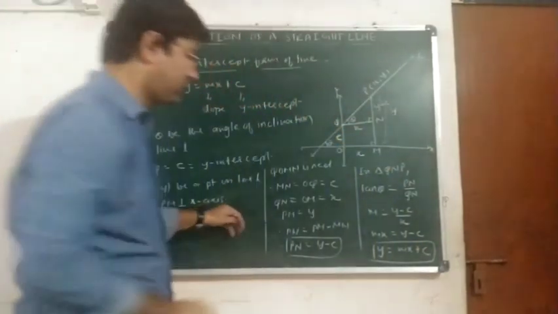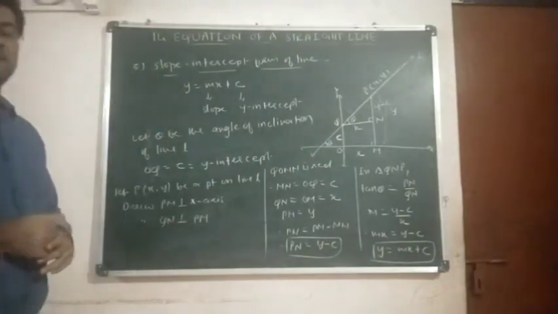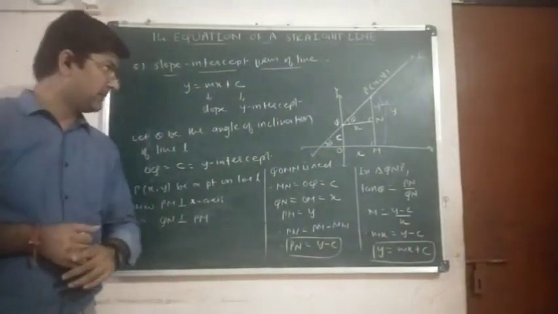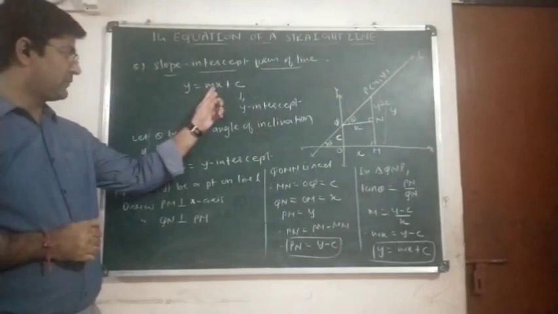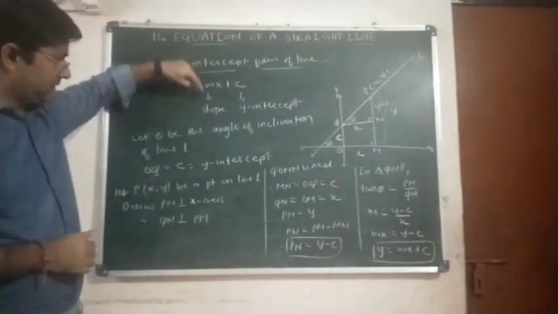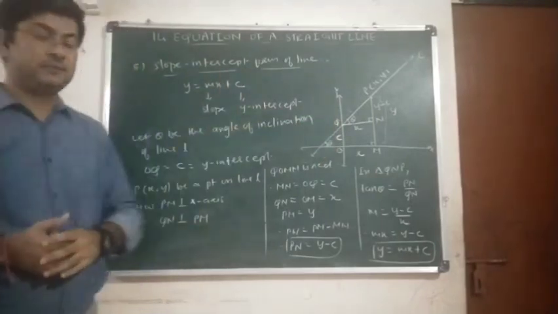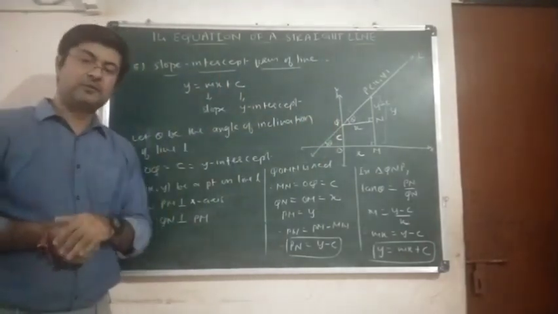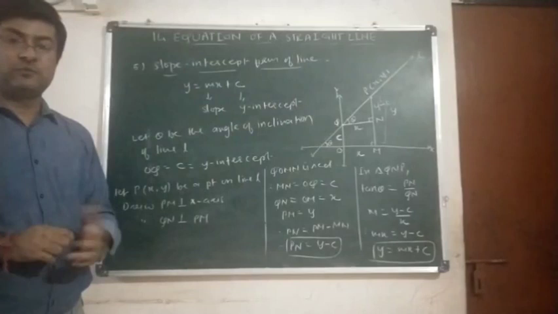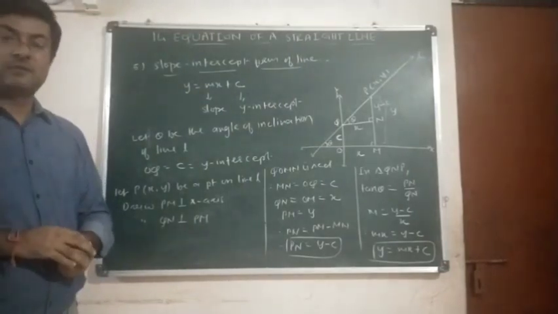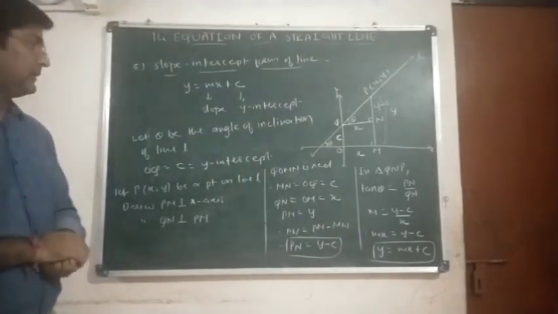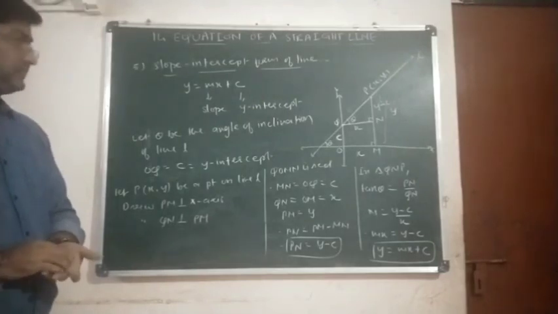So in this way the slope intercept form is derived. Remember that in the formula y is equal to mx plus c, m is the slope of the line and c is the y-intercept. Clear? So whenever the two values are given, you can directly use this formula to form the equation of the required line.